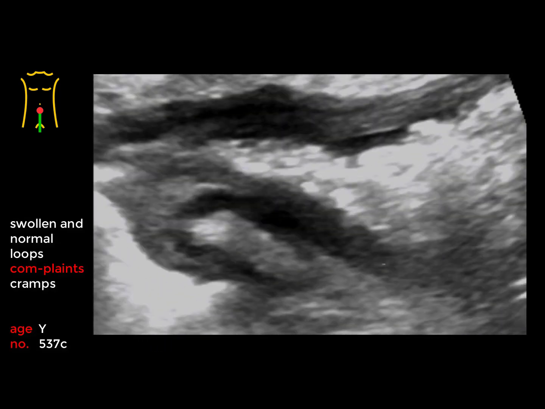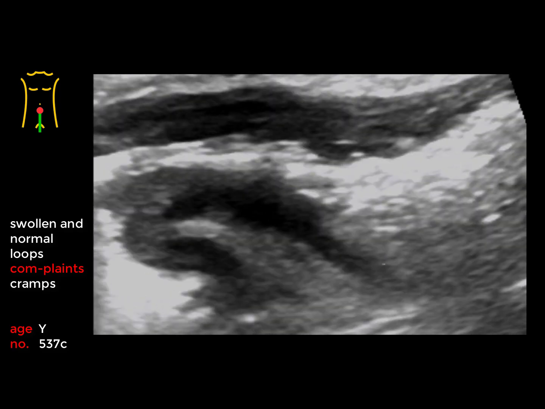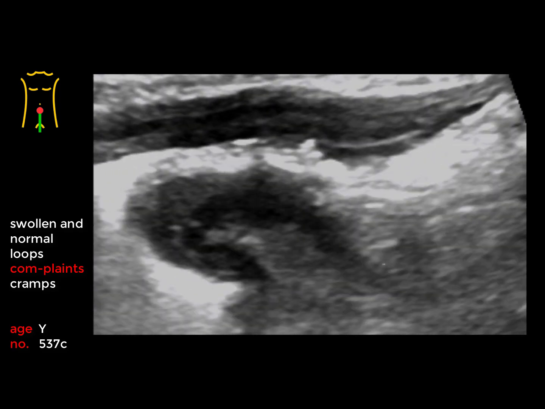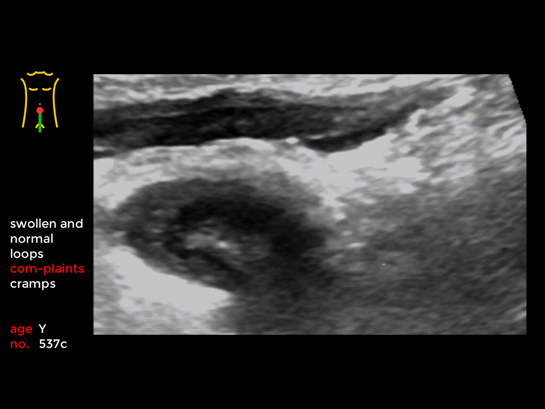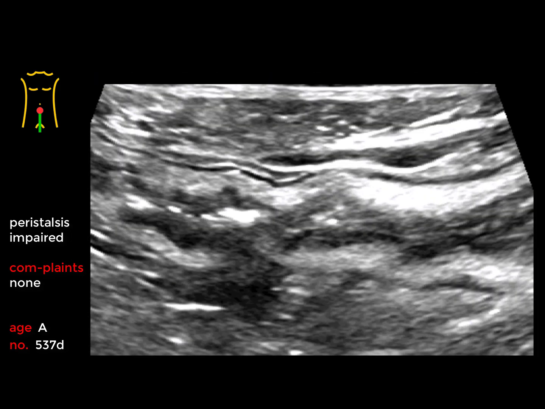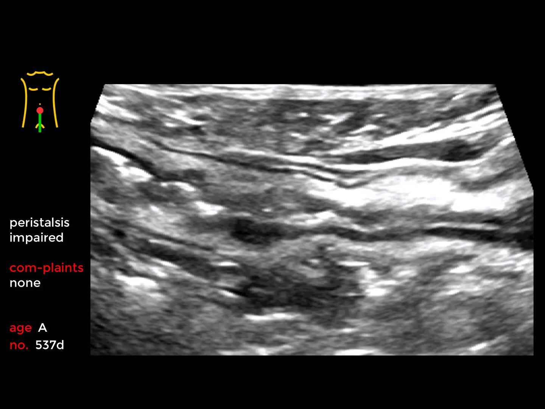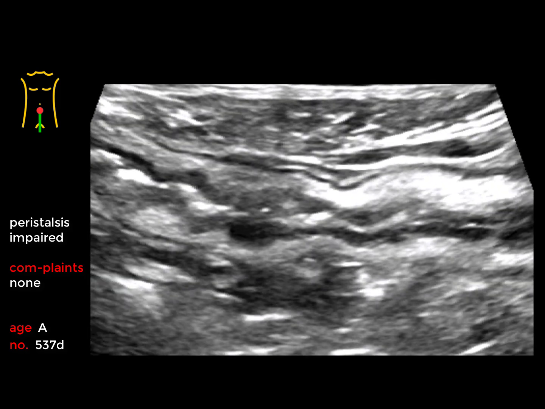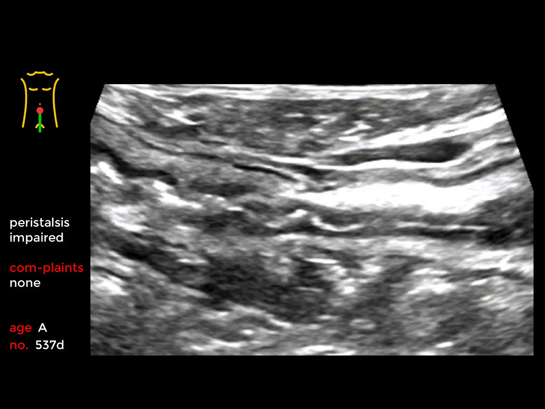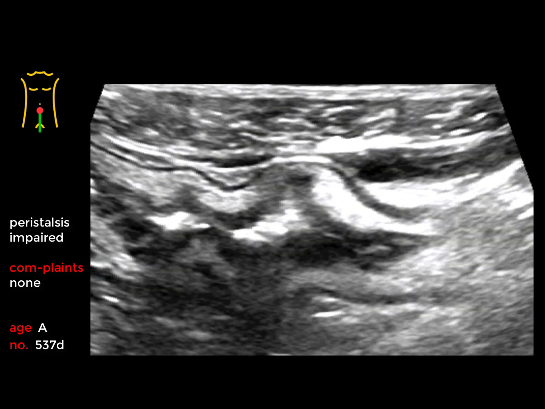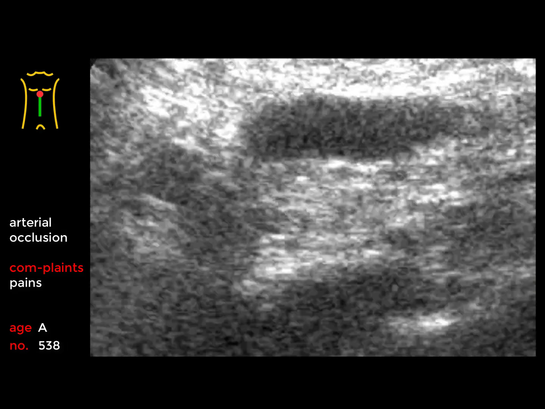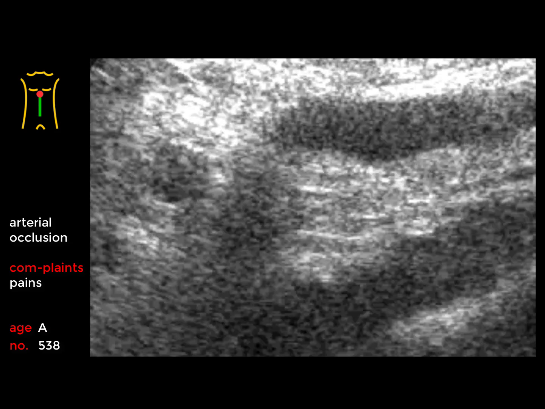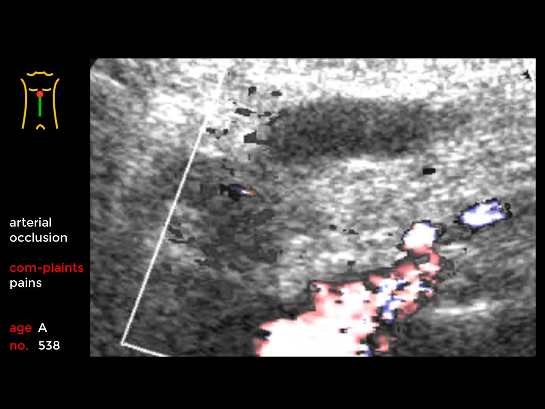And in case 537C, you note both swollen and normal intestinal loops. Whereas case 537D demonstrates, aside the thickened layer, an impairedly slowed peristalsis.